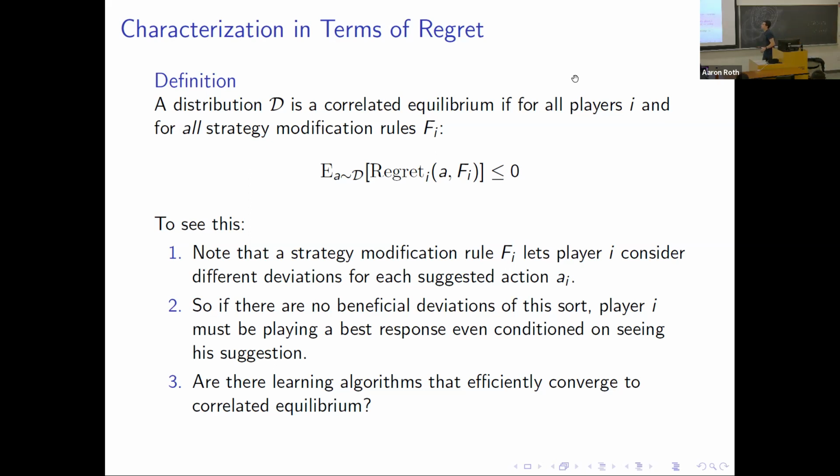The polynomial weights algorithm is a way to play in a sequential interaction that guarantees us no regret to the best action in hindsight. Can we derive a learning algorithm that goes beyond that and guarantees no regret, not just to the best fixed action, but to arbitrary counterfactual worlds that would have arisen by applying arbitrary strategy modification rules?